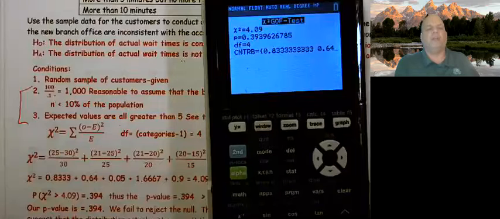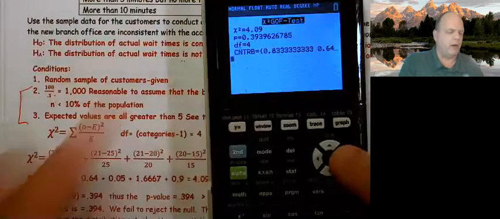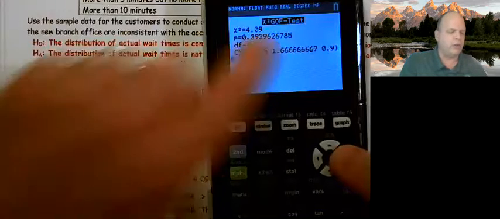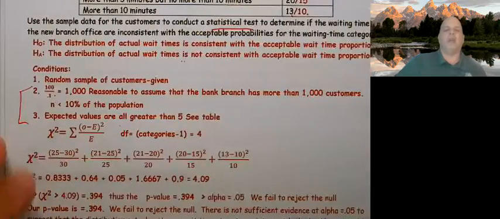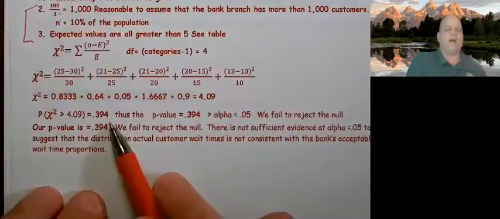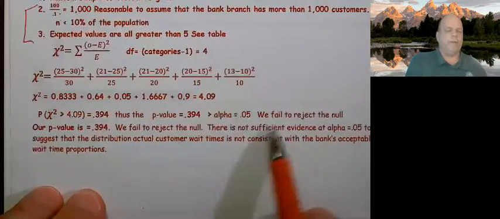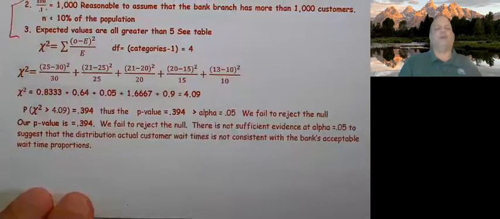Unlike the independence test, the goodness of fit will calculate the contribution. So there they are. And we see a 1, and this is the largest contribution. So this is the one that's most different from what was expected. But with a 0.394 p-value, it's going to be greater than any alpha, so we're going to fail to reject.